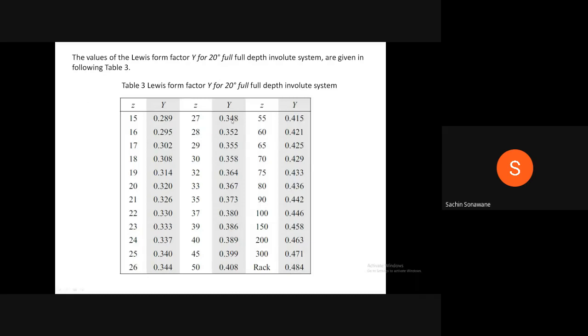Therefore, these are the values of the Lewis form factor Y for different numbers of teeth. While solving the problem, this Lewis form factor is provided to you. Therefore, there is no need to remember the table.